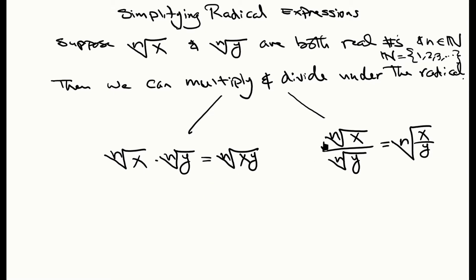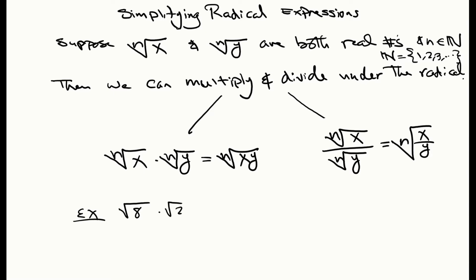So the nth root of x times the nth root of y equals the nth root of x times y, and the nth root of x over the nth root of y equals the nth root of x over y. Now, these can be really handy. Just to show you a quick example to let this sink in. For example, let's say we have the square root of 8 times the square root of 2.